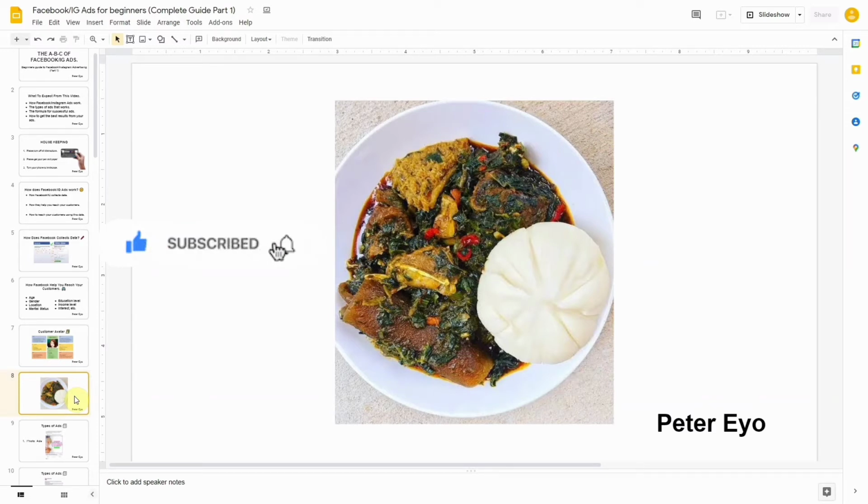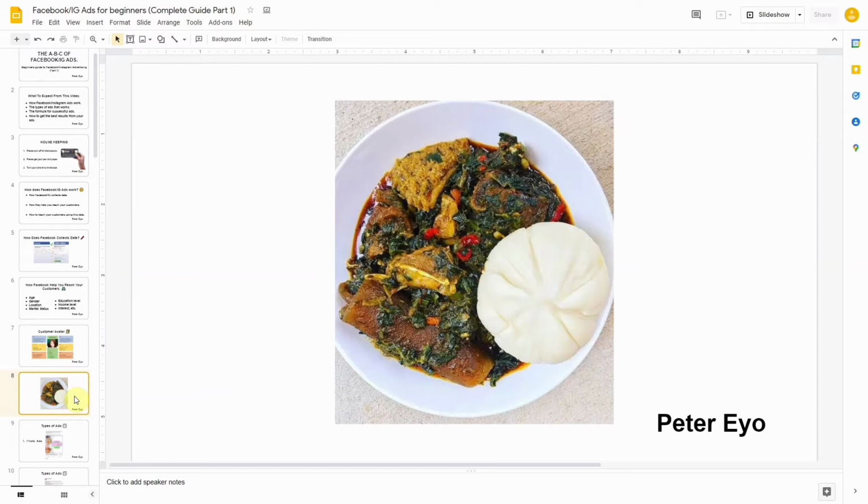Let's say I like food blogs, I visit food pages, I like food pages, I make posts about food, I post pictures of food. Now Facebook is collecting data and storing in their database that Peter Ayo loves food.